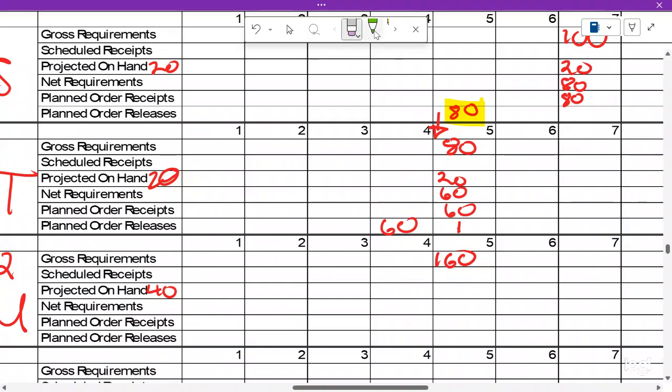How much do we have on hand? We have 40 on hand. Is my color visible? Okay. Then 40 minus 160, we have 120, isn't it?